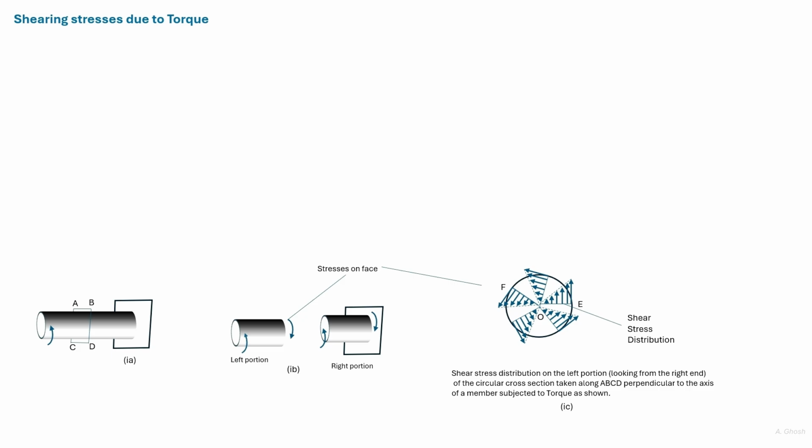We earlier found out that for a circular bar subjected to torque, the strain varies linearly from the center of the bar to the edge of the bar. Also, we know the relationship between stress and strain is linear. This would suggest that the stress also varies linearly from the center of the bar to the edge of the bar in a circular bar subjected to torque.